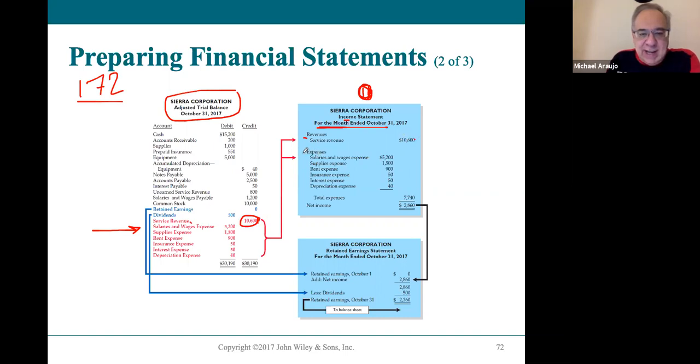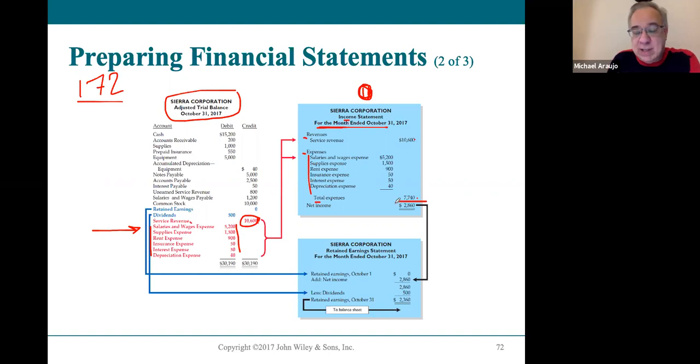You know what goes next on the income statement are all the expenses. All the expenses are listed here. Where do they come from? Right here. All the amounts are listed here. They're just plopped up here in the income statement. The only thing we do is we total those up. We see that our expenses are lower than our revenue, or our revenue is greater than our expenses.